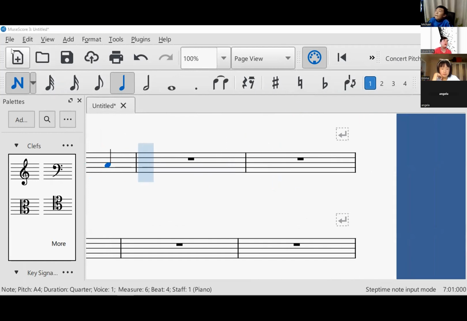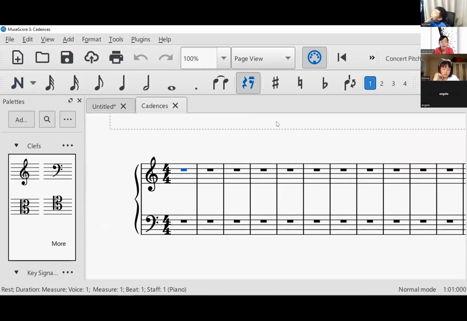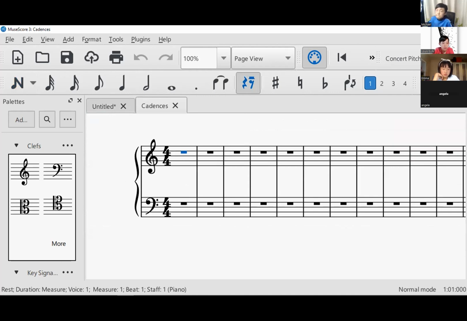Okay, so let me just open up a 4-part vocal style template. So here we have it.